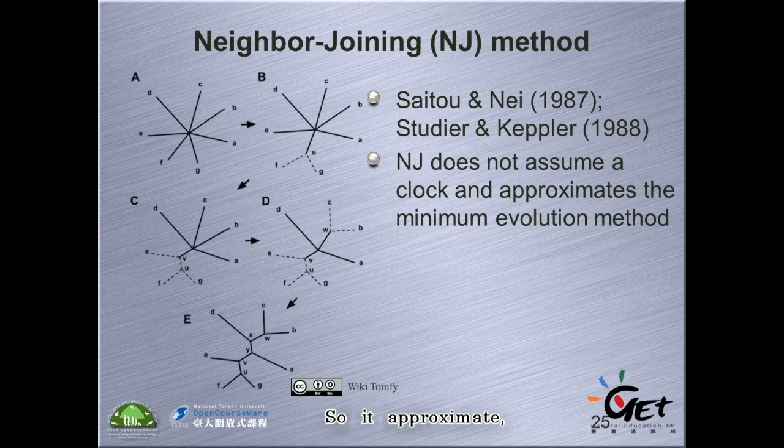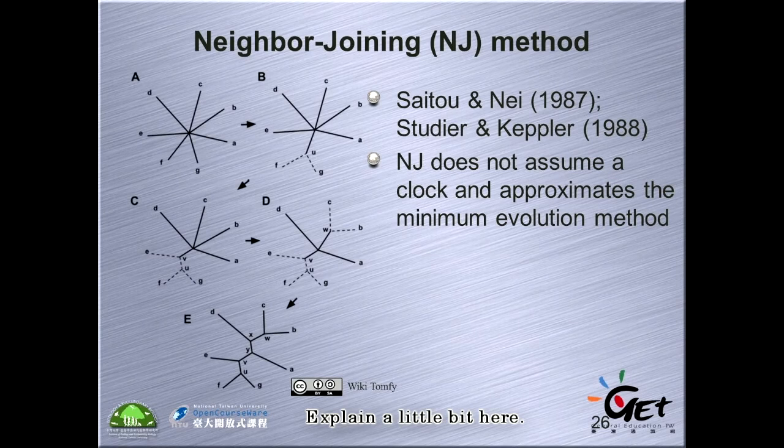It approximates the minimal evolution methods in a way, and I will explain a little bit here. Neighbor joining, as the name infers, combines the sequences together, but at the same time calculates the overall distance as a whole, not only considering the two distances in this case.